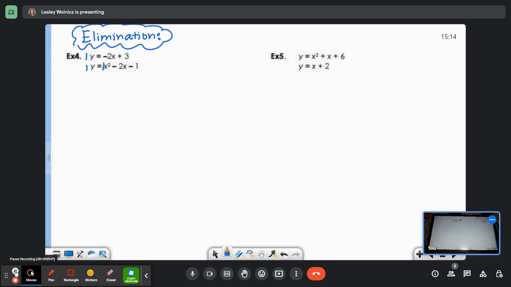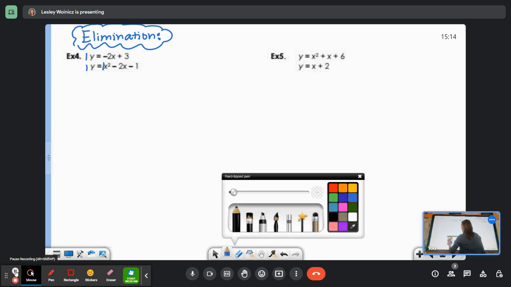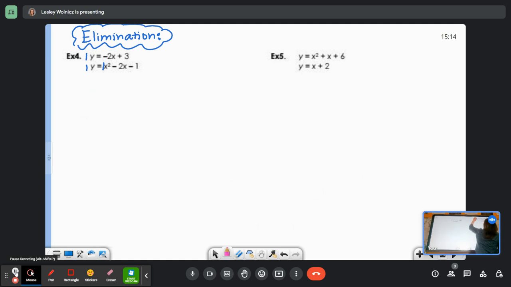So I'm going to multiply my top equation by -1. And then it will be -y equals positive 2x minus 3. My second equation I'm going to leave alone. It's still y equals x squared minus 2x minus 1.